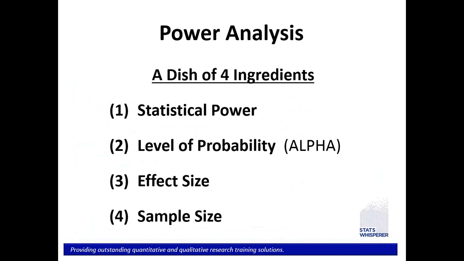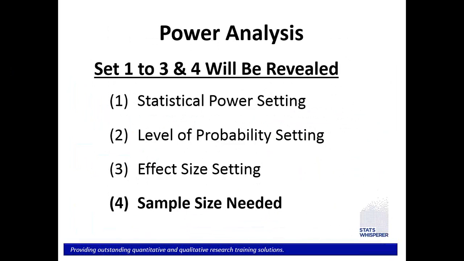And you will see that when you set 1 through 3, you get 4, because what we're after is a computation of the sample size needed. So we set 1, statistical power, we set 2, level of probability, and we set 3, the effect size. We click compute or calculate, and we get the sample size we need for our study based on those settings.